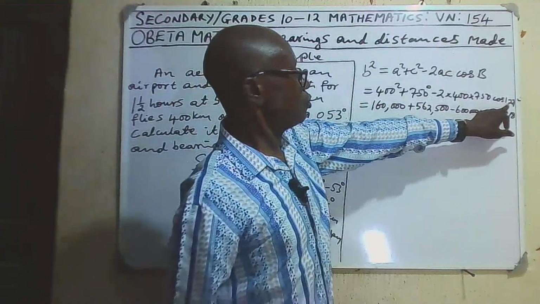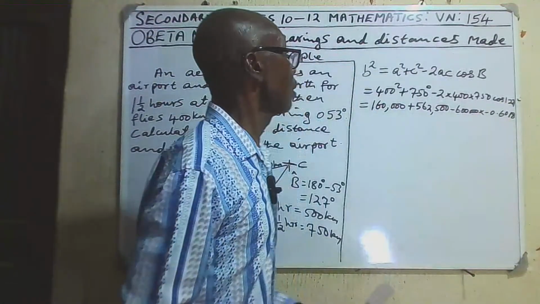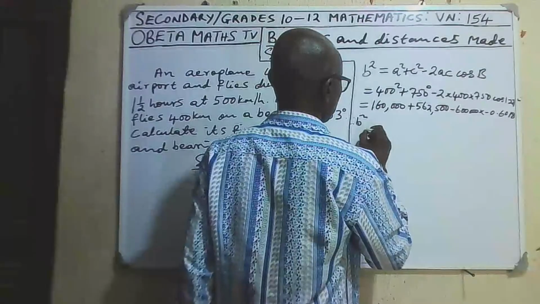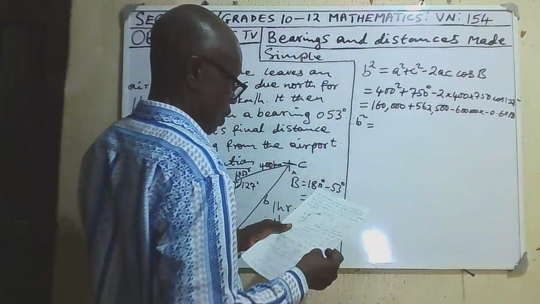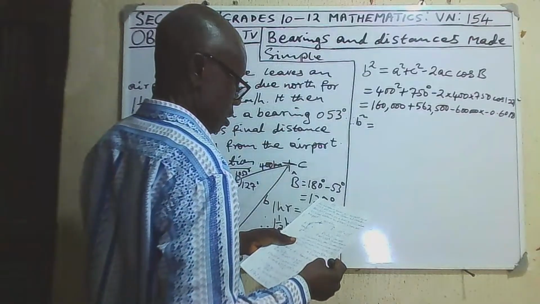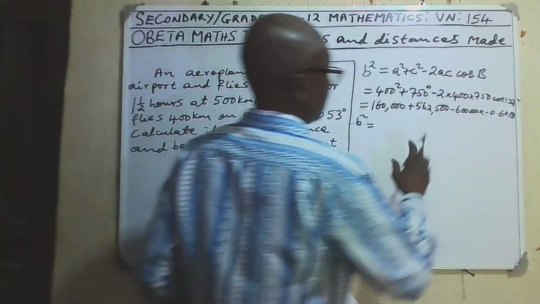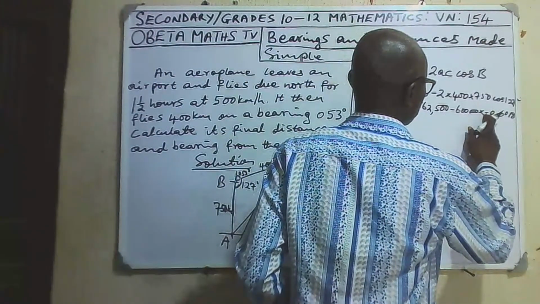That is cos 127. When you add, first of all, we write it out because this and this will be plus.